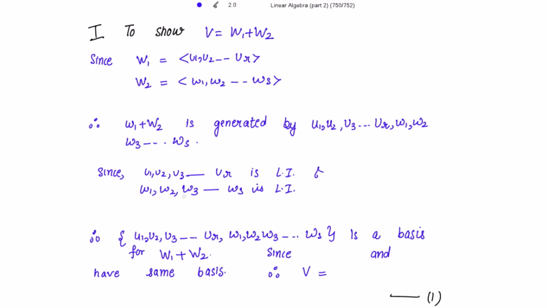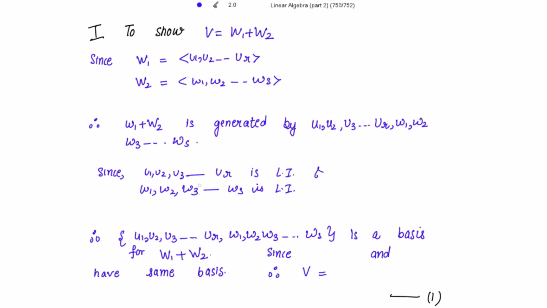W1, W2, W3 up to Ws, we say that these are the generators for W2. For W2 we are not saying that these are linearly independent; we are saying that these are the generators for W2. Then why are these linearly independent? Because earlier we have also said that U1, U2, U3 up to UR is a linearly independent subset of V.